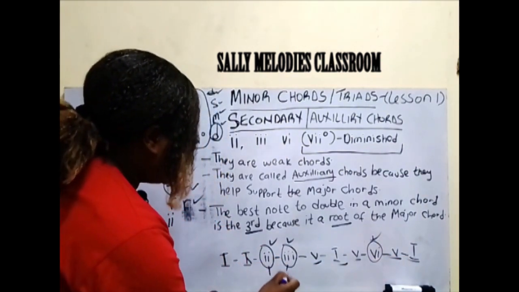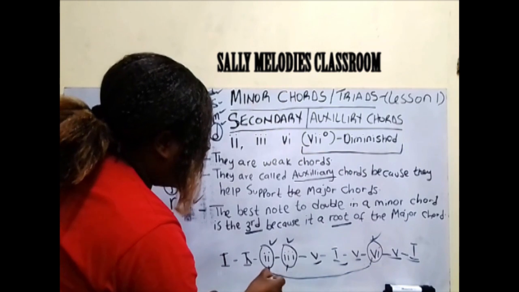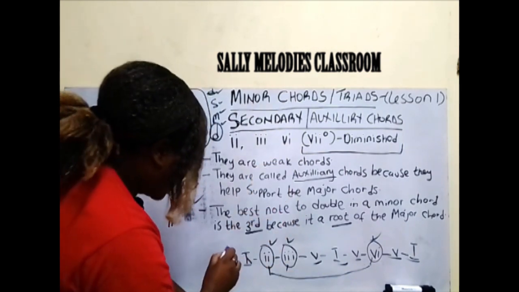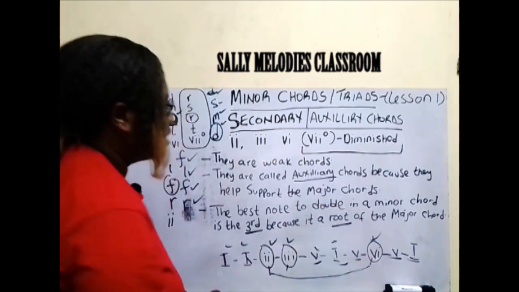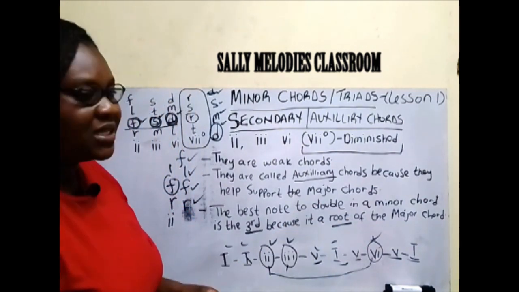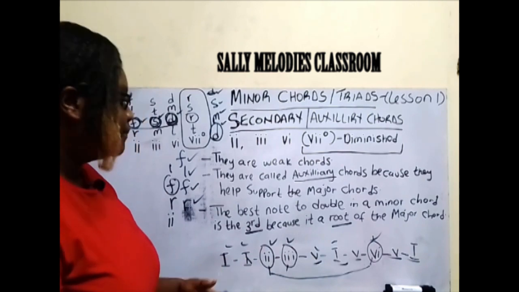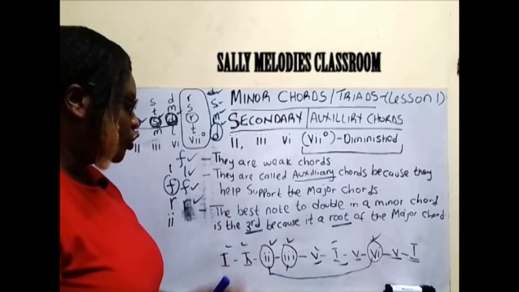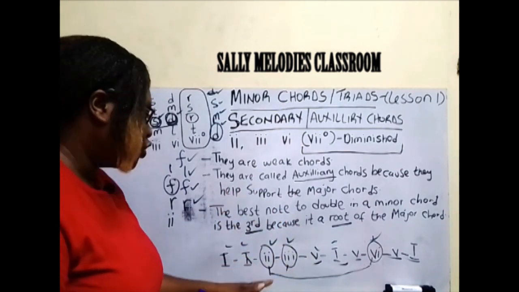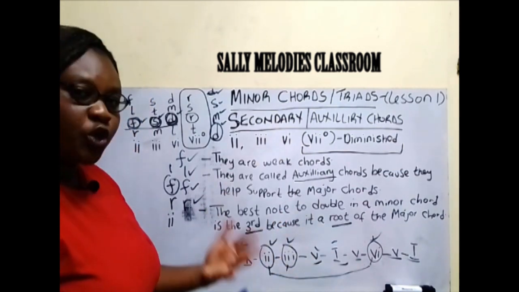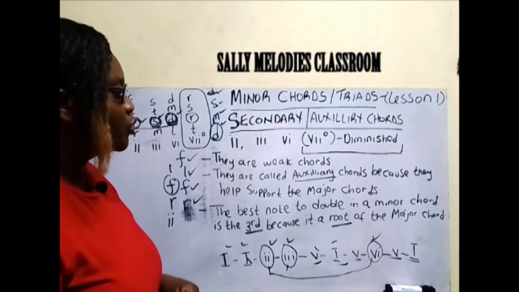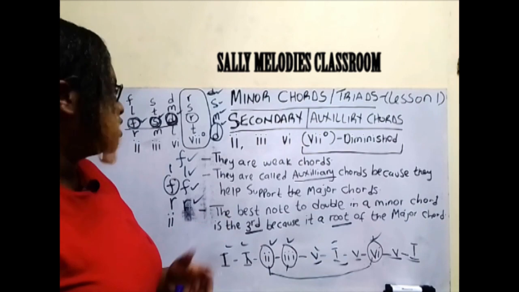So they can't be used alone because they are weak chords. But again, they are auxiliary chords to support the major chords. Just once in a while, as you compose, in a certain bar you can use chord 2, in another bar chord 3, in another chord 6, but they can't be used on their own because they are not strong chords, unlike the major chords.